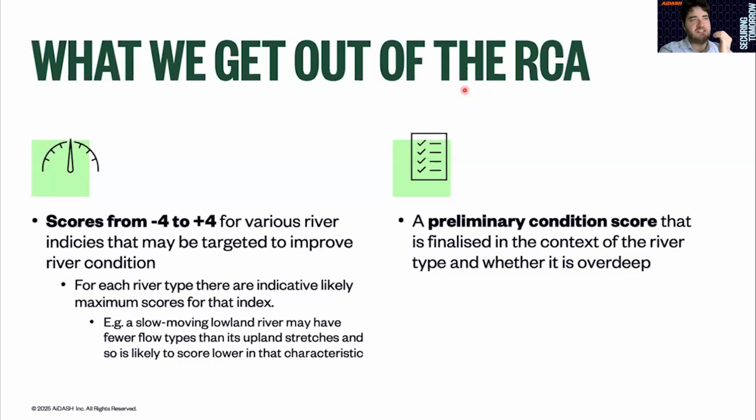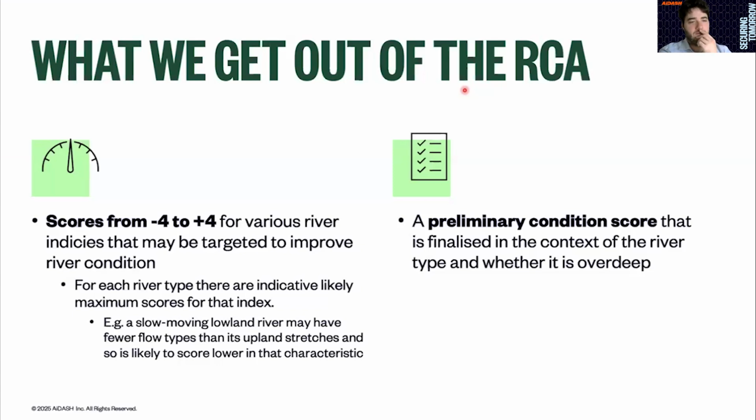And for different river types, it may not be possible to get a score of, say, +4. It should be possible for all negative components, that's the things that are detrimental to river quality, to get to 0, but to get to +4 for the positives isn't always possible. And it all depends on whether that feature is likely to occur in the river of that type.